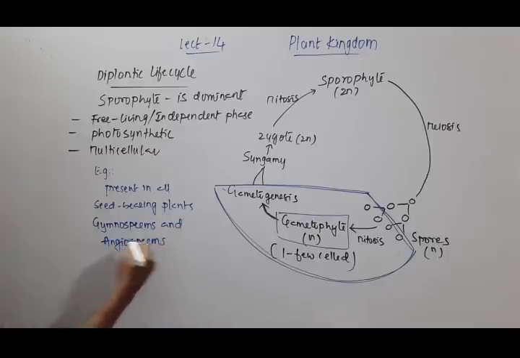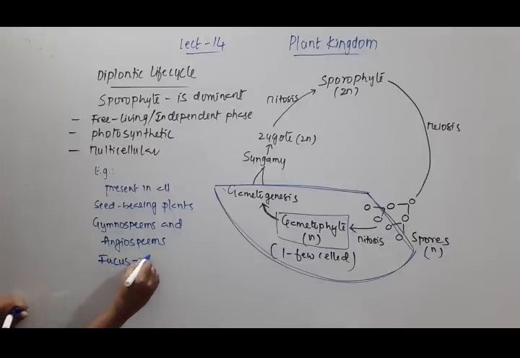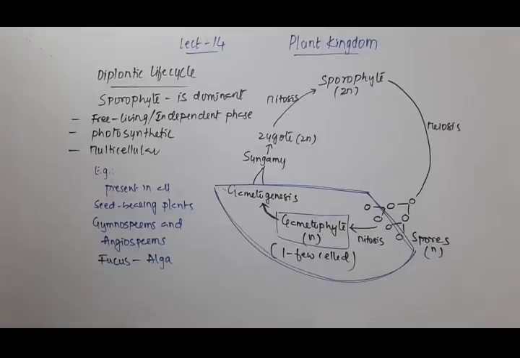Not only in these seed bearing plants do we see this type of life cycle, we can see it even in some algae like Fucus. So in that also we will see this diplontic life cycle.